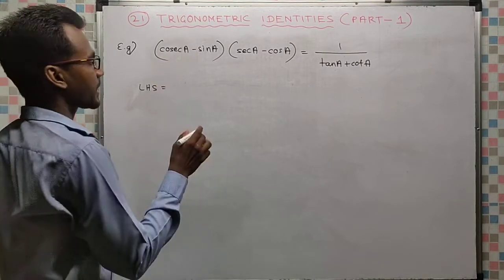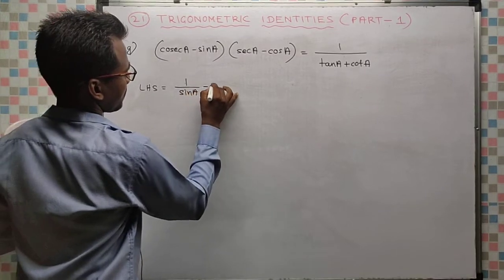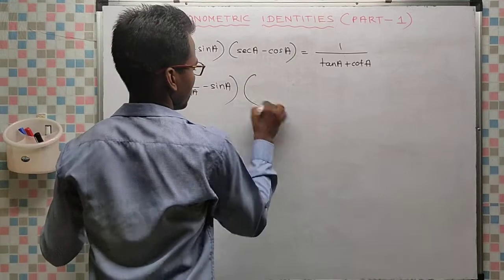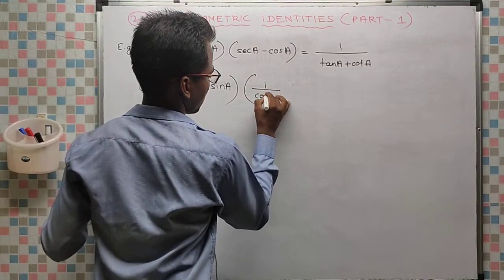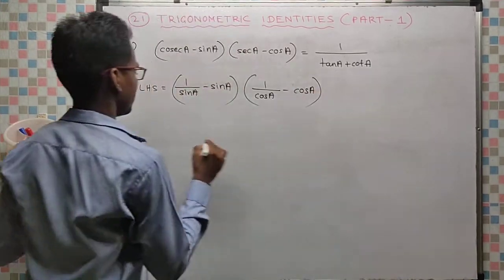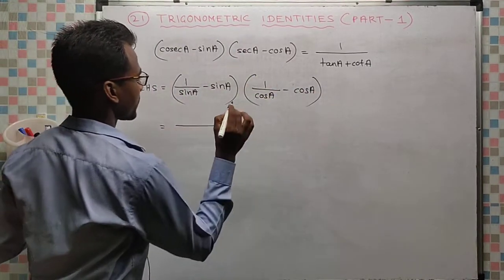Cosec A means 1 by sin A. So 1 by sin A minus sin A. Do not open bracket. Okay, this is 1 by cos A minus cos A. Do not open bracket, take LCM inside the bracket.